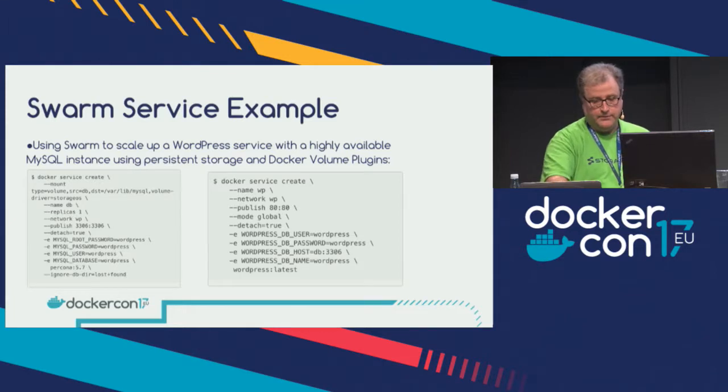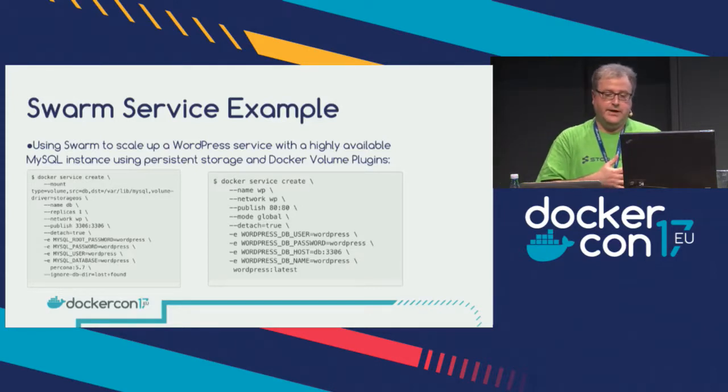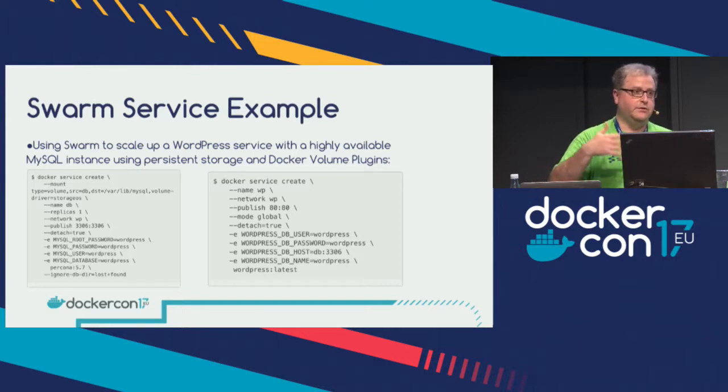You can see that the volume driver specified is StorageOS, and it's mounting a volume name into /var/lib/mysql. What that does is it allows you to create a MySQL instance, which Swarm can schedule on one of the nodes within your cluster.